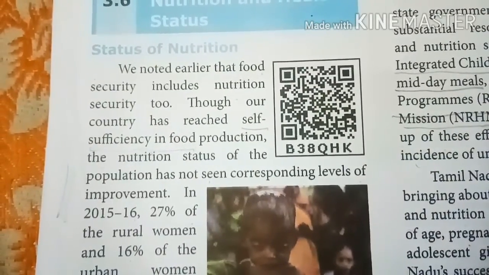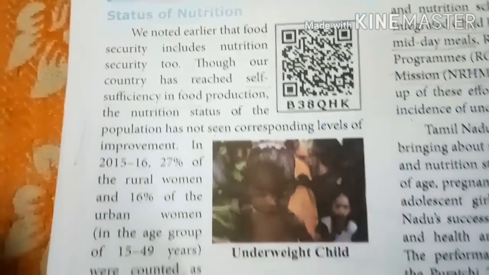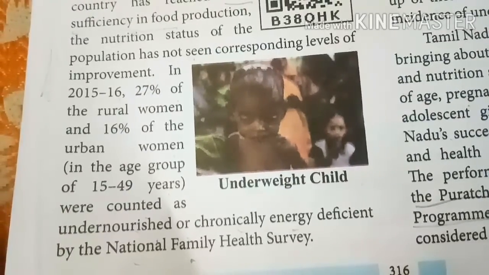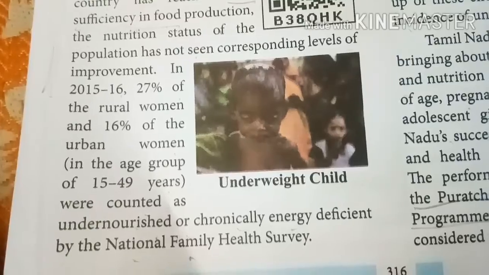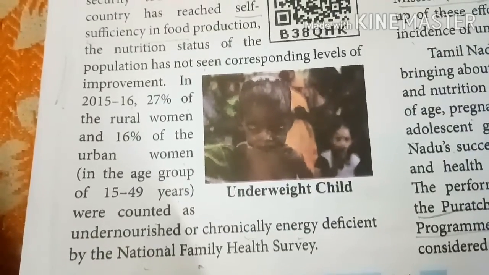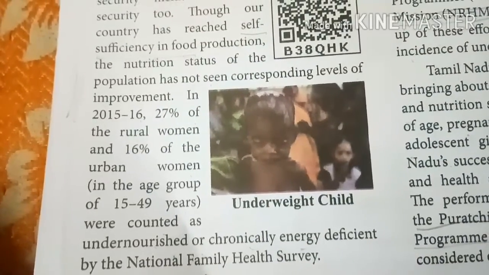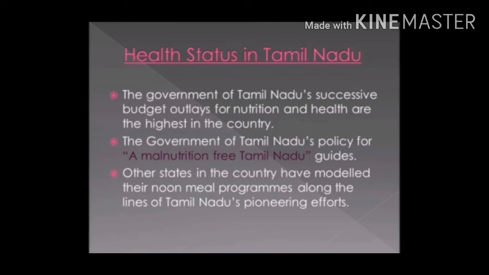In 2015 to 16, 27% of the rural women and 16% of the urban women in the age group of 15 to 49 years were counted as undernourished or chronically energy deficient by the National Family Health Survey. The Government of Tamil Nadu policy for a malnutrition-free Tamil Nadu guides the state's long-term multi-sectoral strategy for eliminating malnutrition. The goal is reducing human malnutrition of all types to the levels of best performing countries.